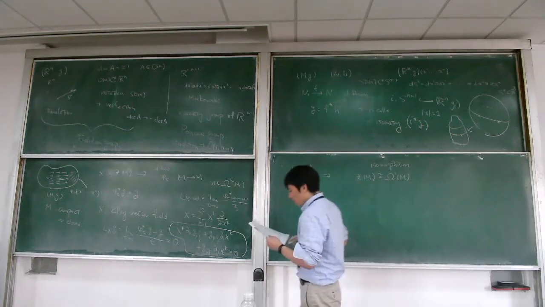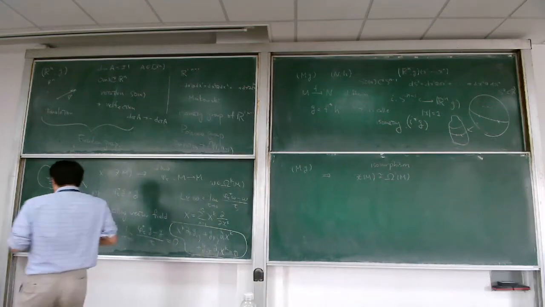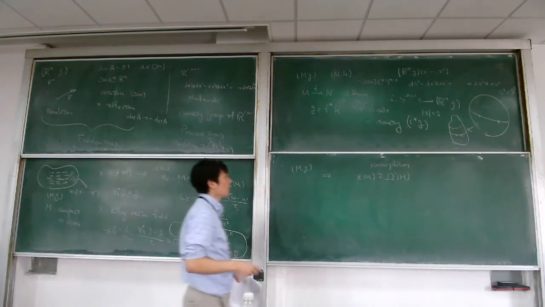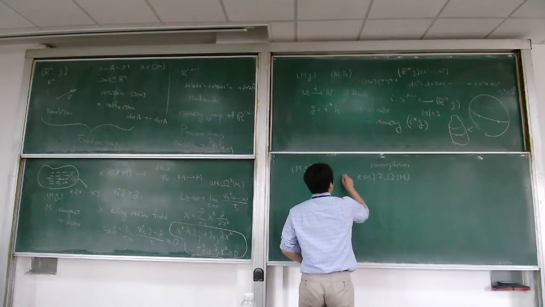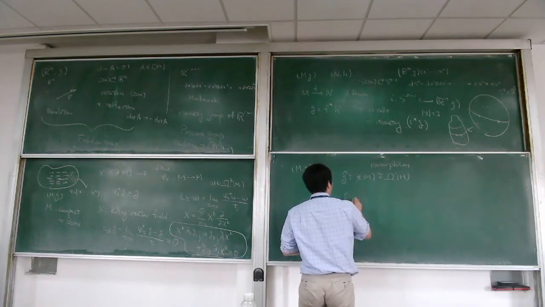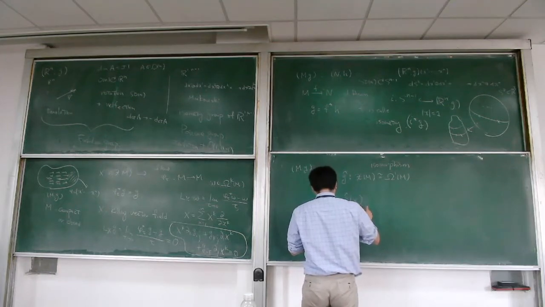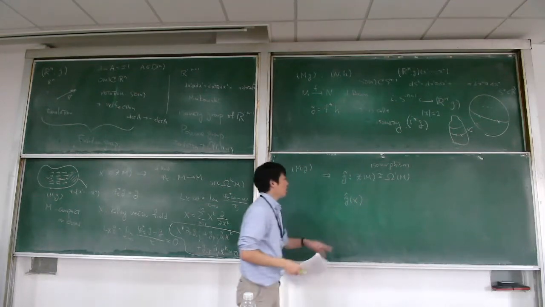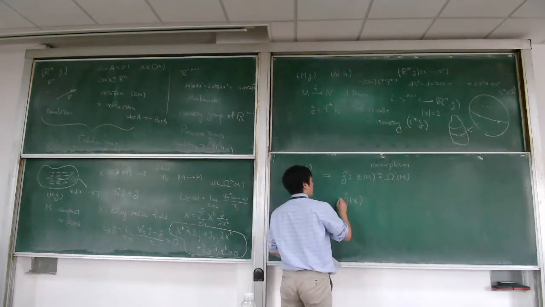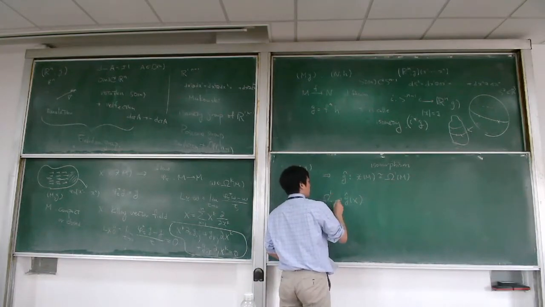It's an infinite dimensional vector space, but this is induced. I call it G hat in the lecture note. So G hat acts on some X, and now it's inside Omega 1.